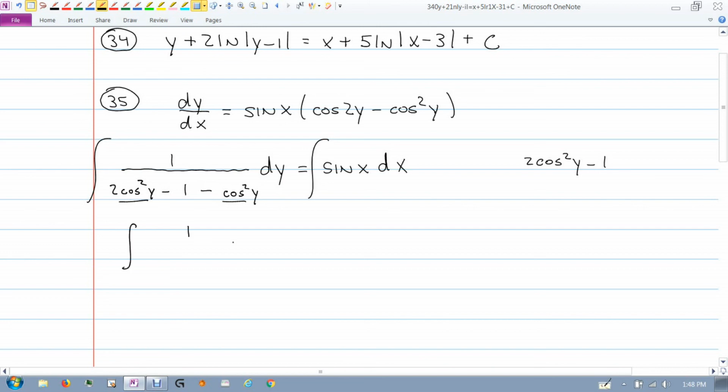So this turns into 1 over cosine squared y minus 1 down there, like that, and then dy, and then equals the integral, the antiderivative of sine is negative cosine x plus c.